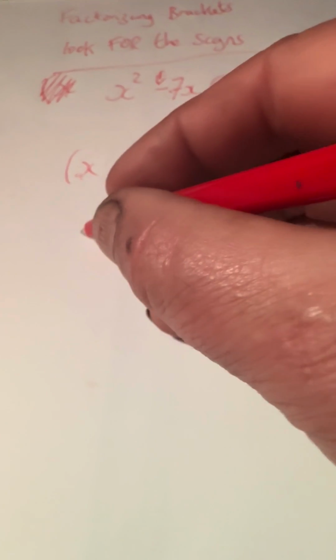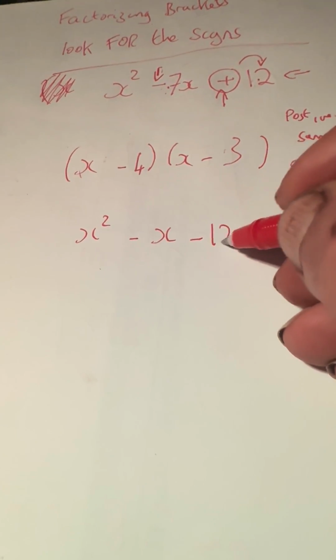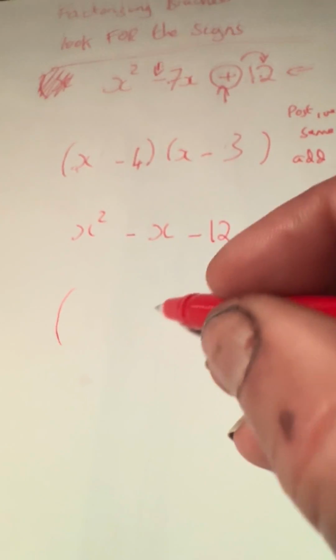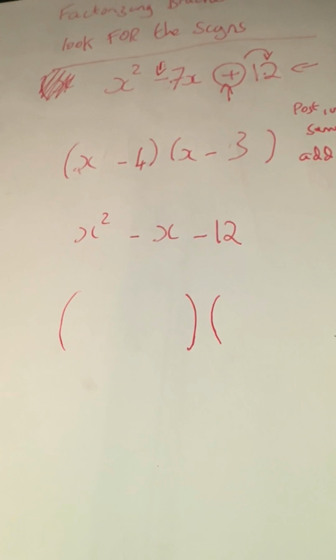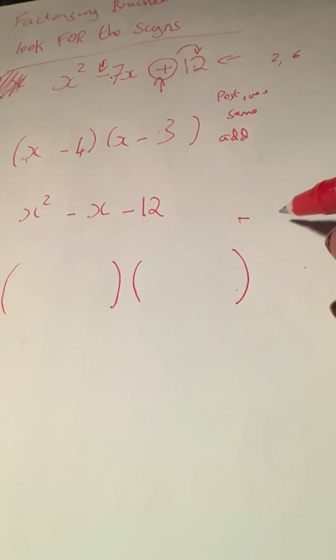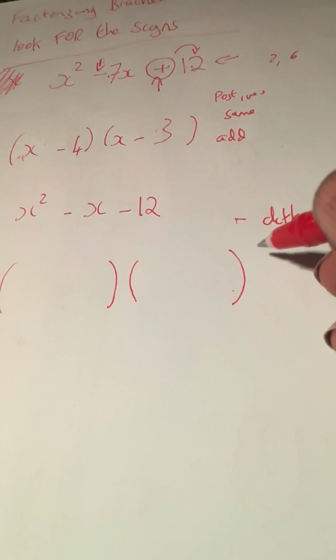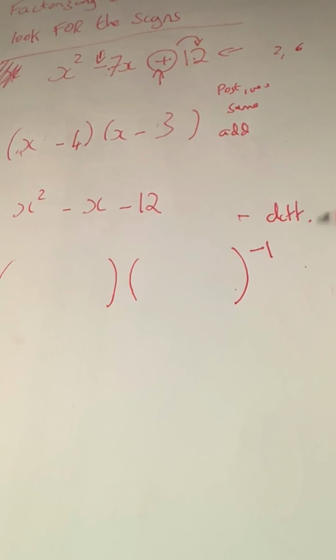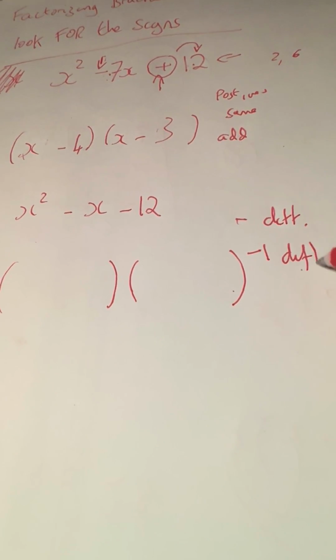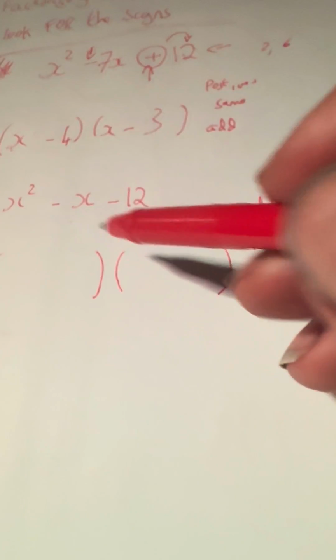Suppose then it was a little bit different. Suppose it was x squared minus x minus 12. Again, look at the sign of 12. Is it positive or negative? It is negative, and that tells you the signs are different. It also tells you that minus 1 is the difference of the signs, and because it's minus 1, the bigger of the two numbers will be negative.